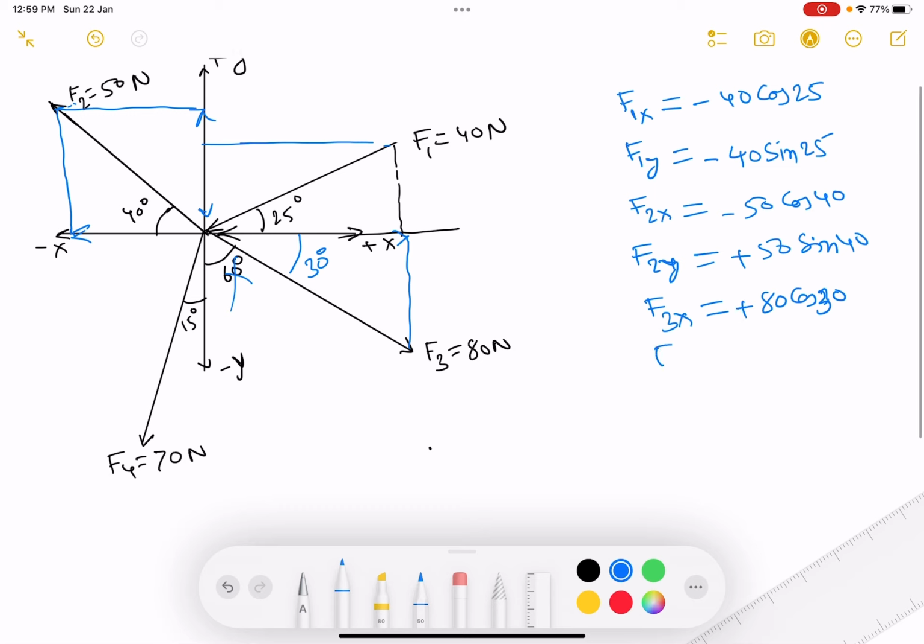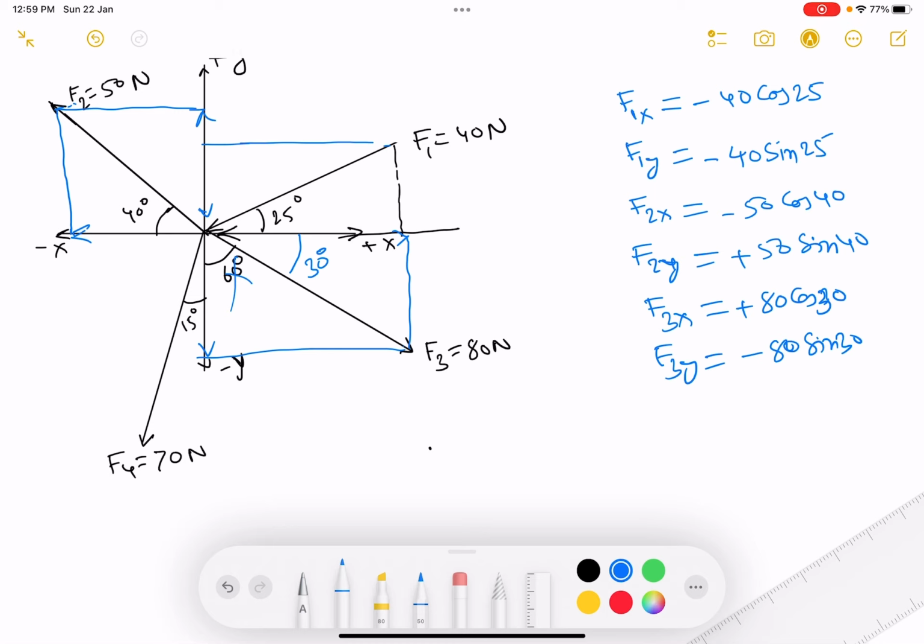Right. Now what about F3y? Now you will write sine 30. So it is going to be 80 sine 30. And when you are resolving it along y-axis, it is going to be downward, right? So this is going to be minus 80 sine 30.